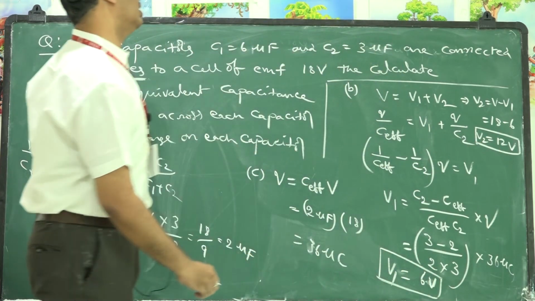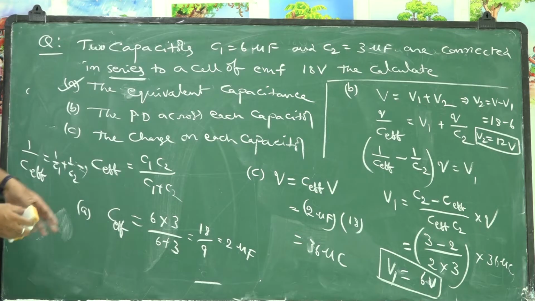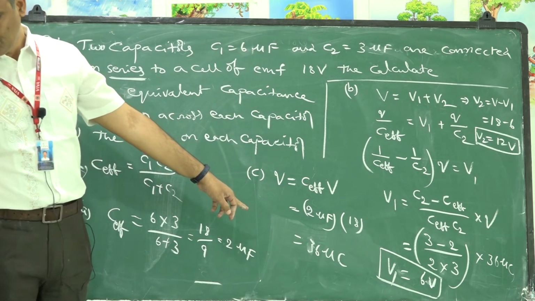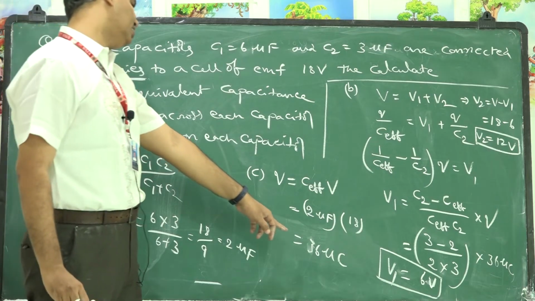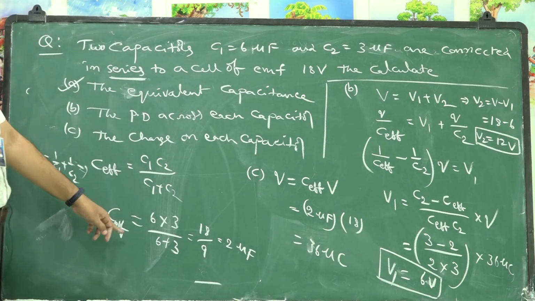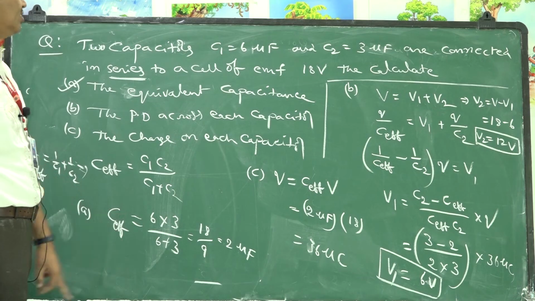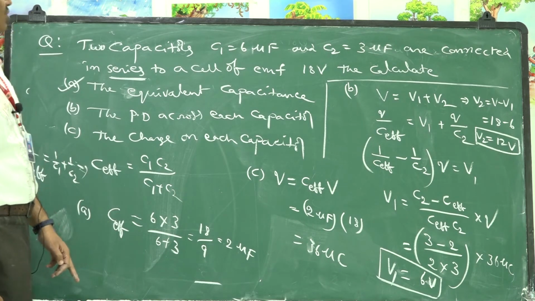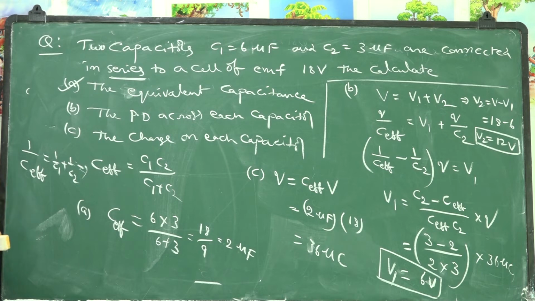Like that we can calculate. The voltage across each capacitor I calculated. The total charge available I calculated as 36 microcoulomb. Effective capacitance I calculated it as 2 microfarad. I hope you understood the solution. Let us solve one more problem related to this.